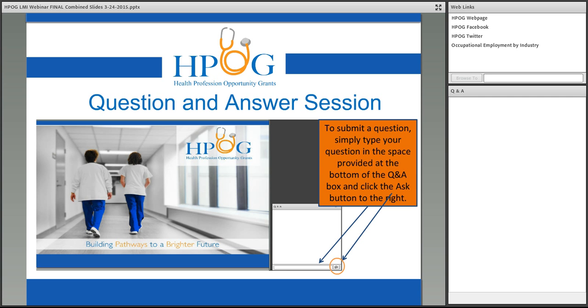This is Stan, and I would also add one other resource that folks would want to consider. The HPOG program has published compendia of promising practices, and some of those capture strategies that organizations have used.